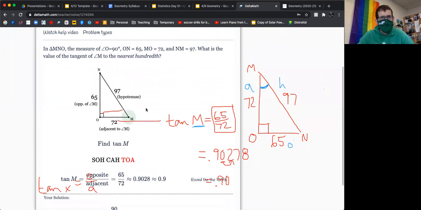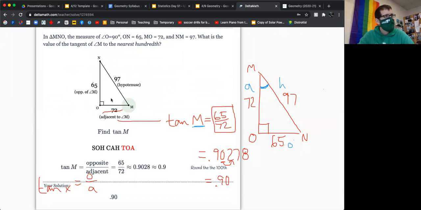So once you have the triangle set up, it's really similar to what we did yesterday. Just to reiterate what this means: for this particular angle M, we don't know the actual value of it, but I can make this triangle bigger or smaller and this ratio is going to stay constant. It's always going to be 0.9027 repeating for this particular angle M, whatever that degree measure happens to be.